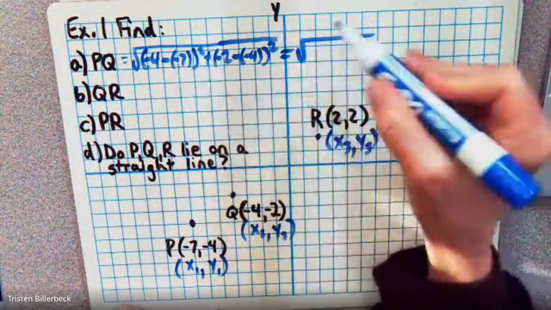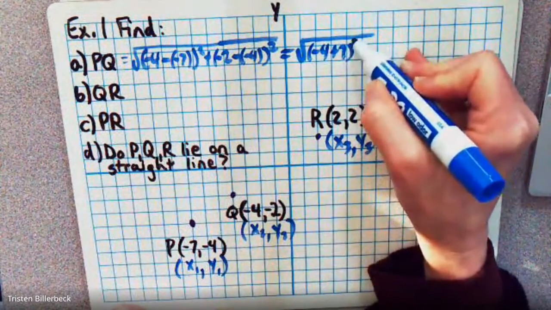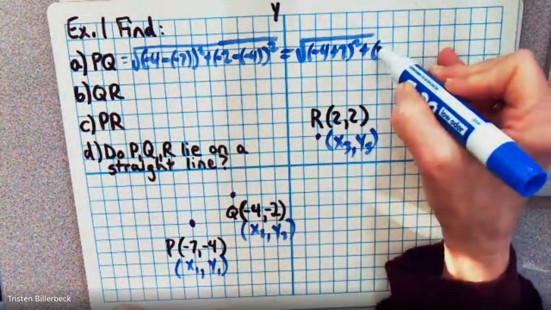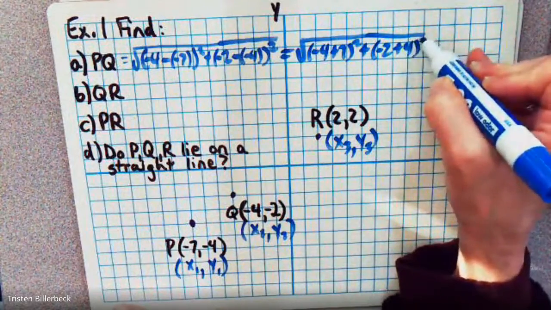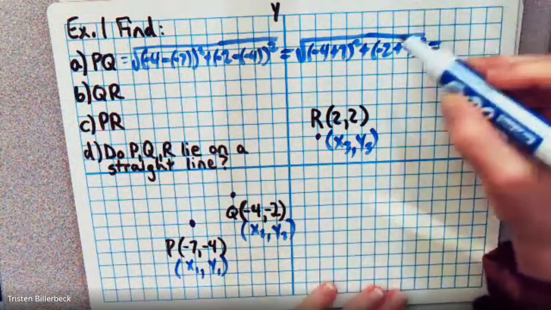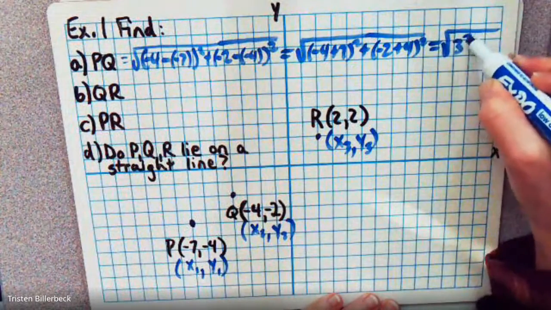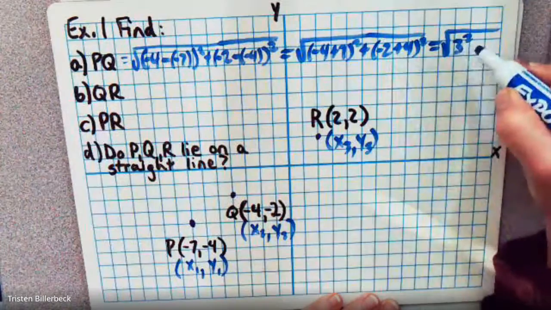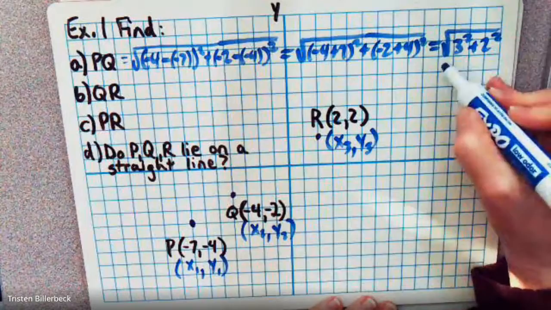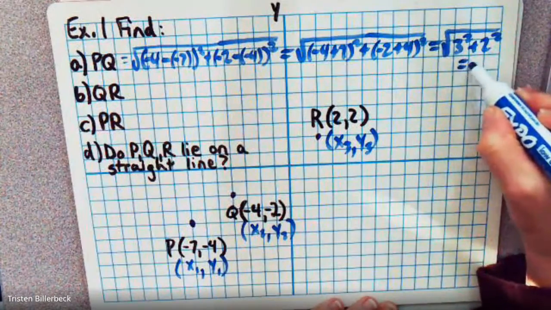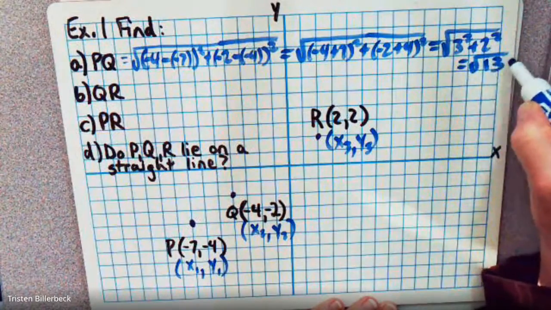So I have -4 plus 7 squared plus -2 plus 4 squared. So then that gives me -4 plus 7 is 3 squared, and then -2 plus 4 is 2 squared. So PQ then ends up being the square root of 9 plus 4, which is 13.